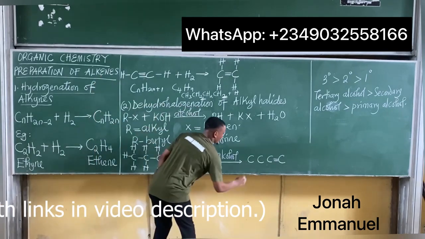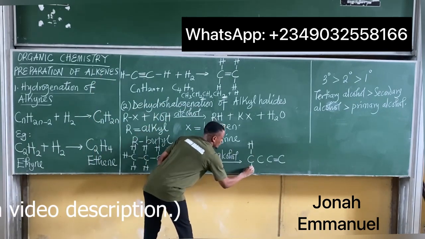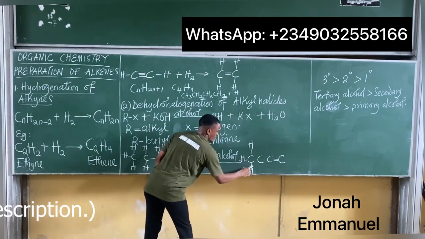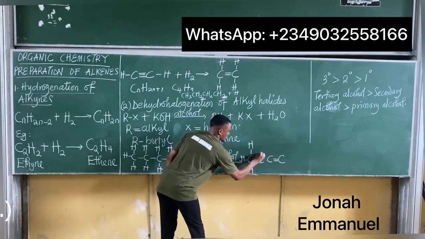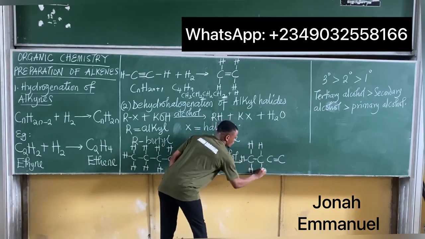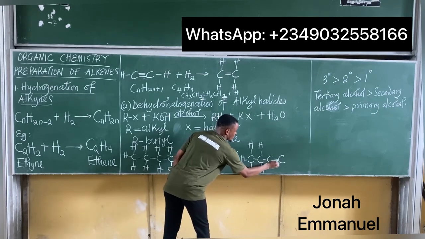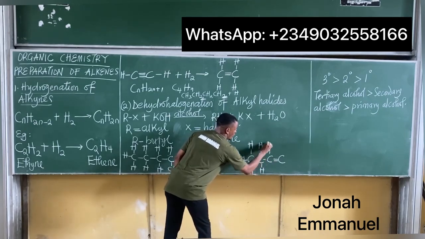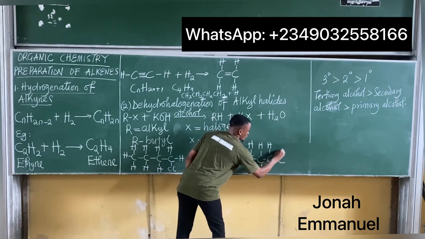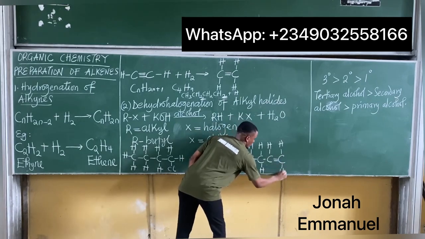So if I combine, I'm having 1 2 3, 1 2 3, combines with this 1 2, this one I'm having 1 2 3, one more, and then 1 2 3 and 4.